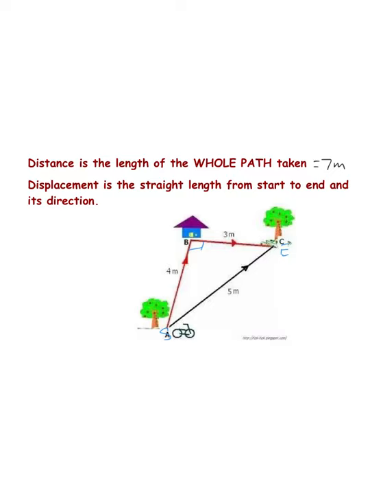You would use the Pythagorean theorem. And remember, C is simply equal to the square root of A squared plus B squared. So C, which is our displacement here, is equal to the square root of 4 meter squared plus 3 meter squared.